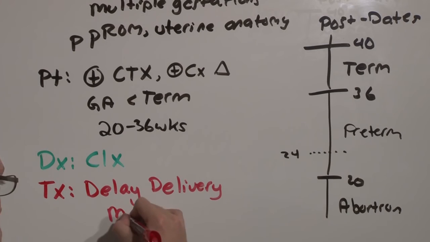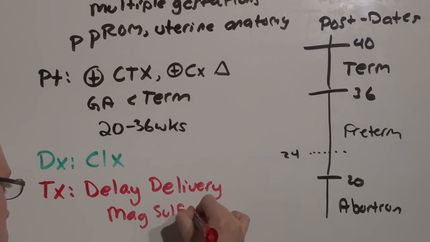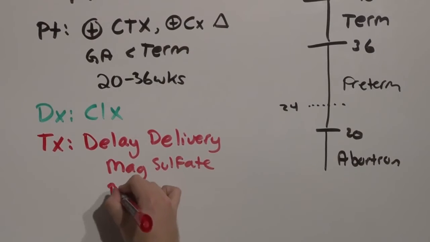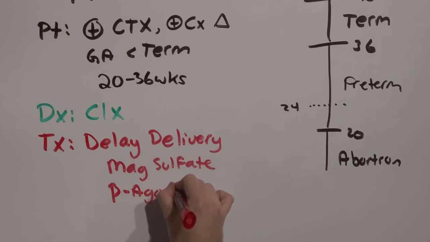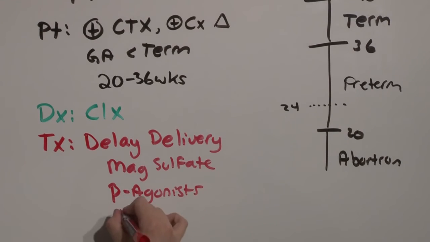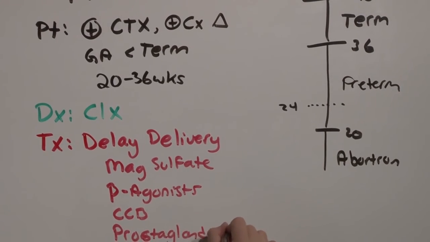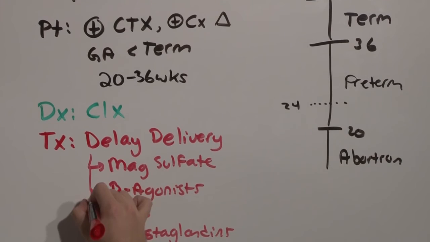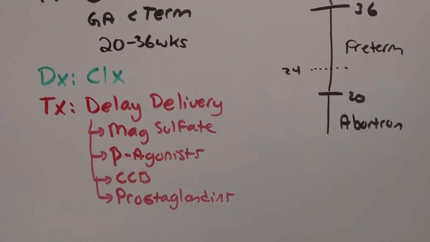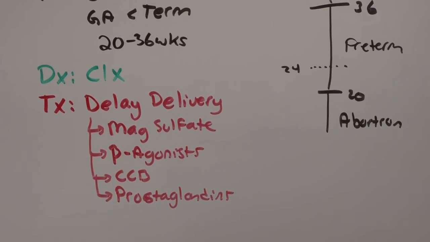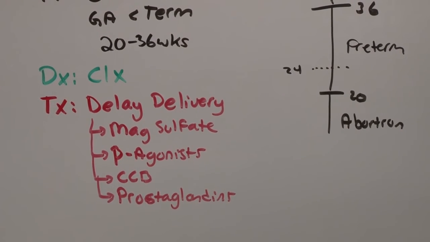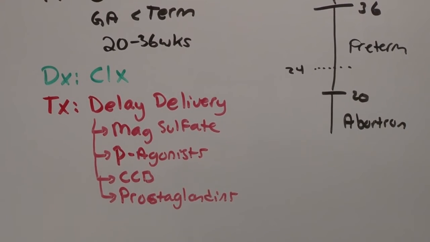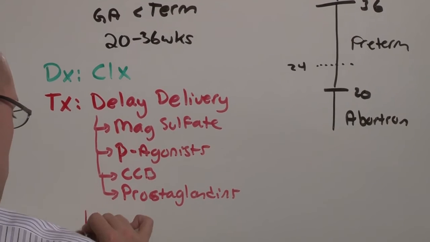But you can try mag sulfate, beta agonists like terbutaline, calcium channel blockers like nifedipine, and prostaglandin inhibitors like indomethacin. These are all tocolytics designed to delay contractions, to prevent cervical change, and to let baby stay in longer. While you delay delivery, because you're only going to get a couple of days, you want to develop baby.